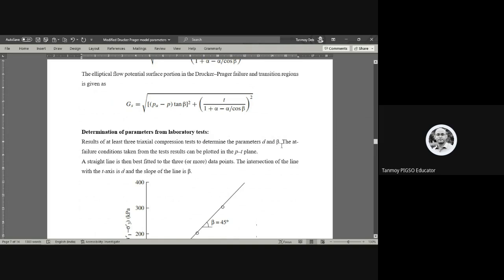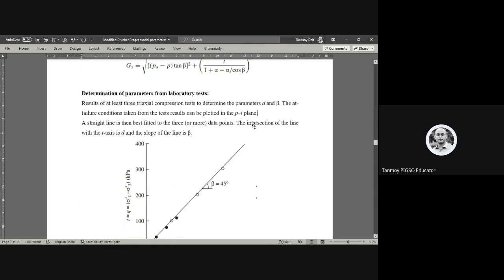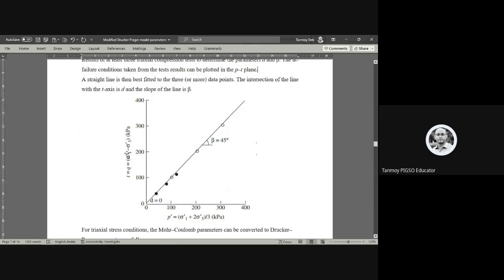At failure condition, the results can be plotted in the PT plane. T is nothing but sigma 1 minus sigma 3, we know that. And P is the mean pressure, sigma 1 plus 2 sigma 3 by 3, where sigma 2 is considered as sigma 3 in this case.